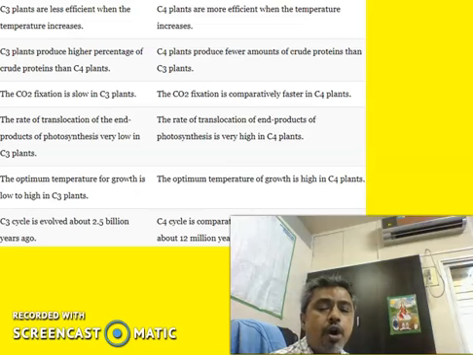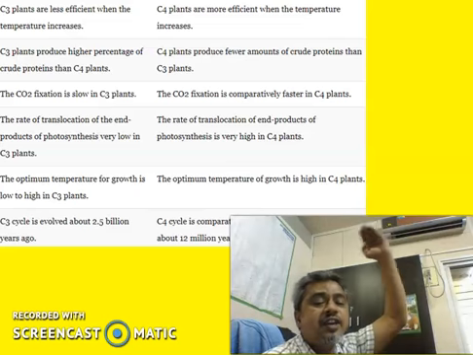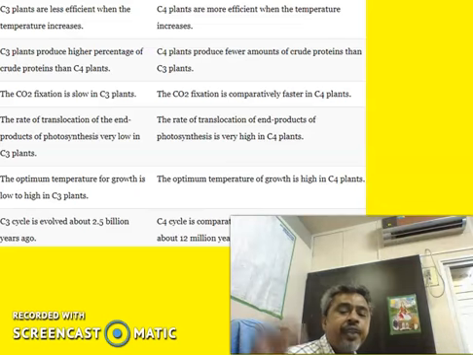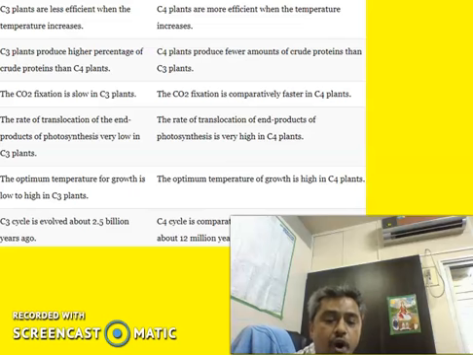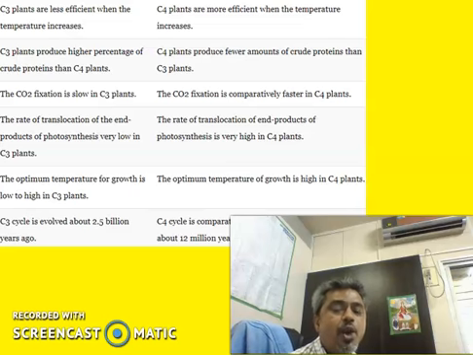The rate of translocation of the end product of photosynthesis is very low in C3 plants. The end product of photosynthesis is translocated very fast in C4 plants. The optimum temperature for growth is low in C3. Here it is reversed. The optimum temperature for growth is high.